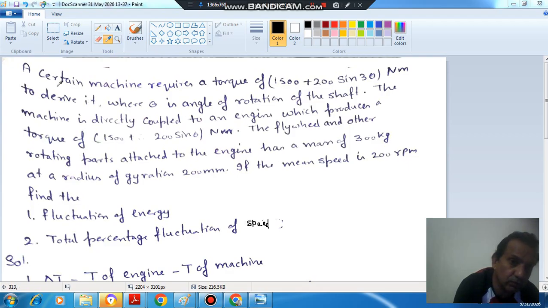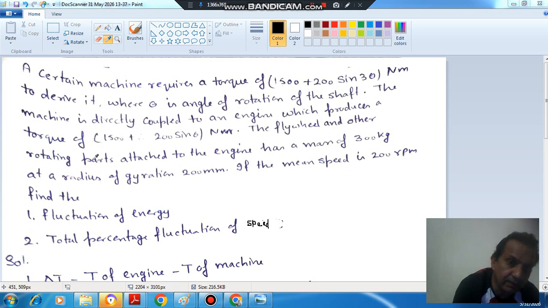So the question is, a certain machine requires a torque of 1500 plus 200 sin θ Newton meter to drive it, where θ is the angle of rotation of the shaft. The machine is directly coupled to an engine which produces a torque of 1500 plus 200 sin 3θ Newton meter.